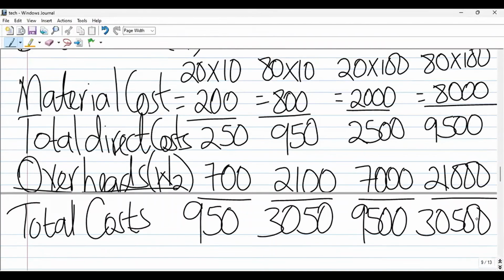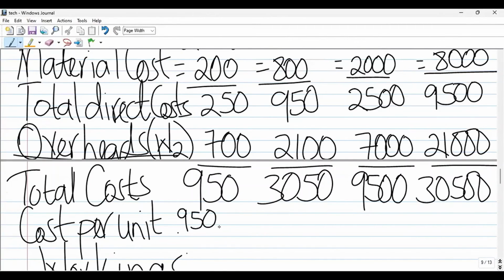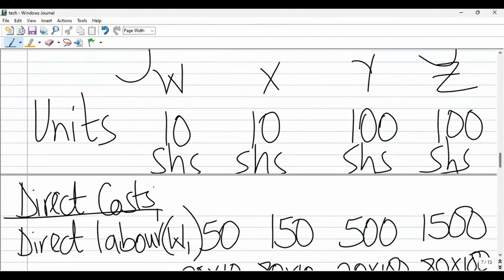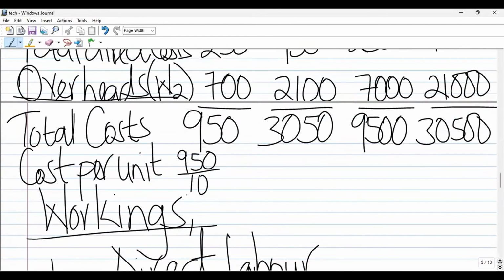So we can even get the cost per unit. Remember, cost per unit is the total cost divided by the number of units. For example, for W, you have 950 divided by the number of units. Remember, you started by showing the units. W has 10 units, so 950 divided by 10 is 95.